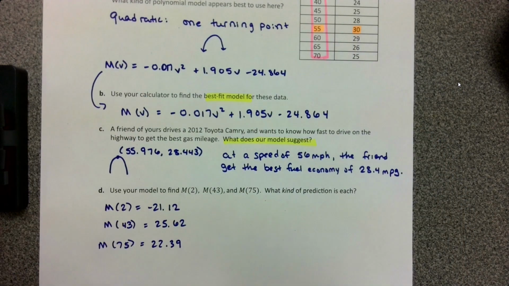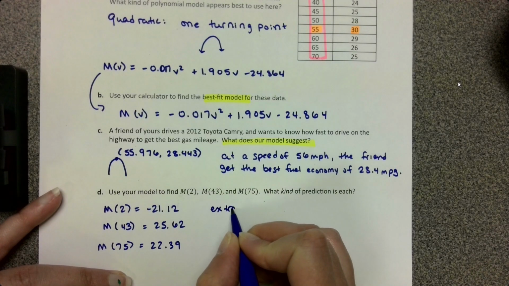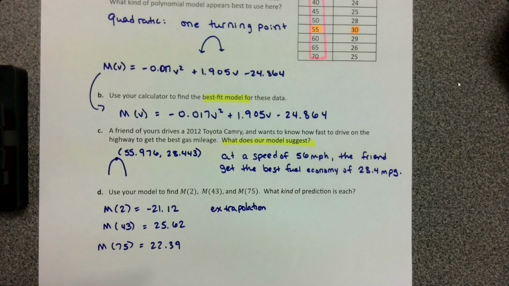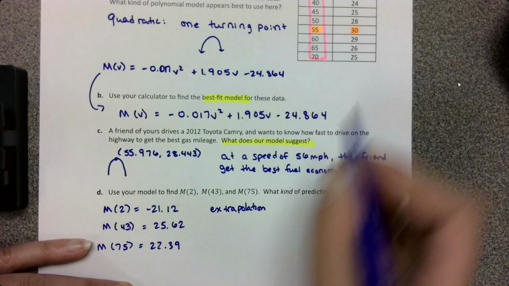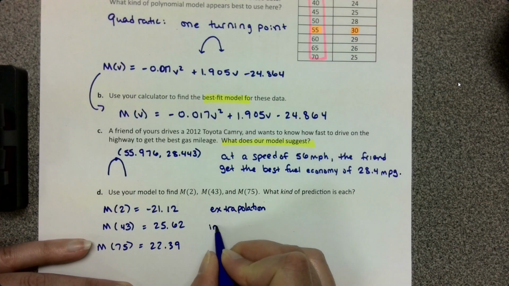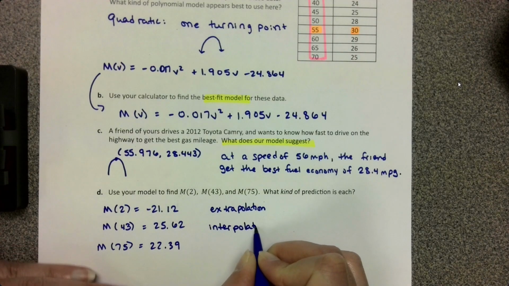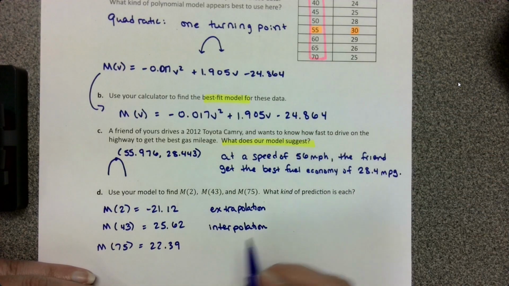So this one is definitely going to be extrapolation. 43 is in between data values, so that's interpolation. And 75 is past the end, so that's another extrapolation.